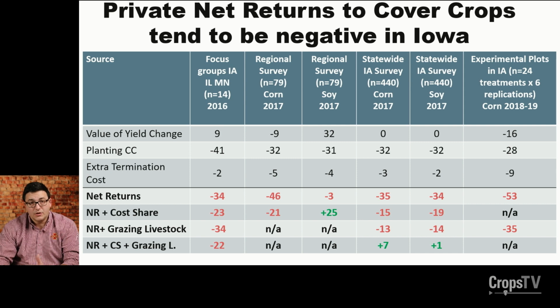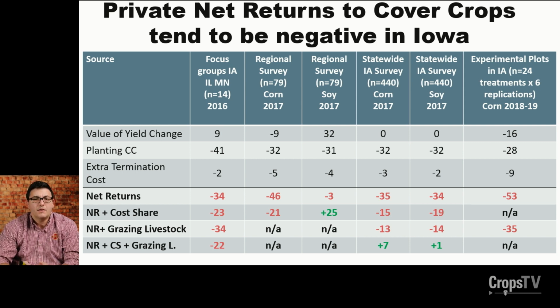And we exclude cost share payments and the reduced costs from grazing livestock on the biomass of the cover crops. So there's an economic reason why cover crop adoption has been limited across the nation, but particularly in Iowa, despite several economic incentives like cost share.